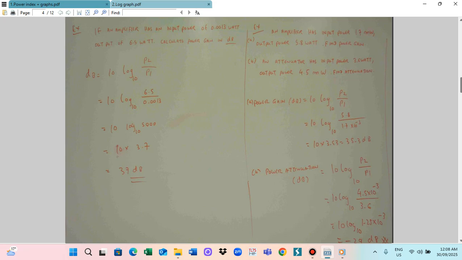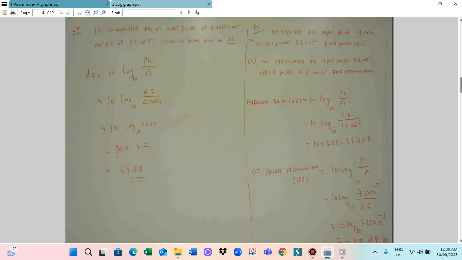By solving this we get the power gain: 10 log 10 of 5.8 divided by 1.7 times 10 power minus 3, so you get 35.3 dB.